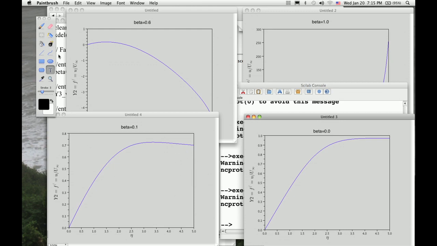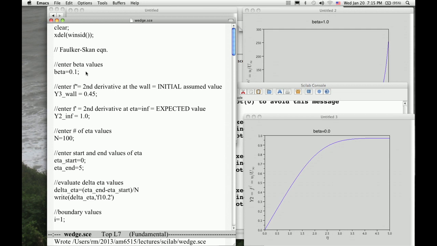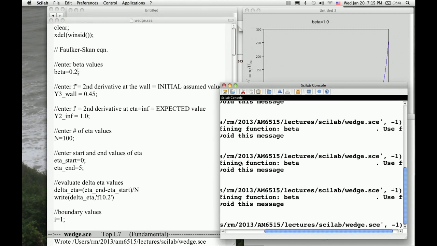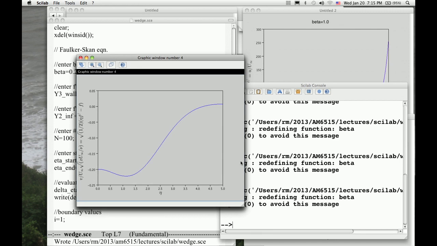Okay, let's go ahead and change this to say 0.2 and see how the change is. The change is not too drastic from 0 to 0.1, so let us see if this really becomes drastic or not. Okay, that seems to be quite large.